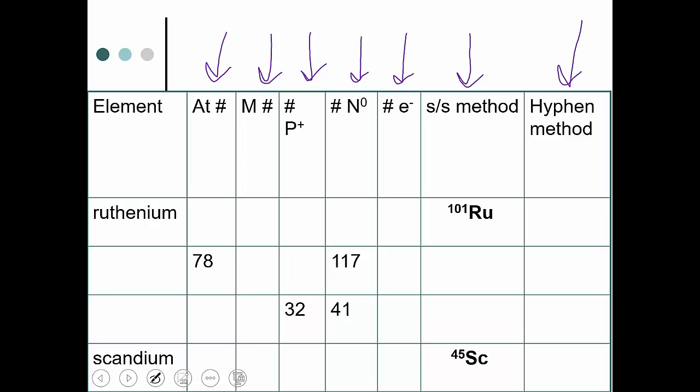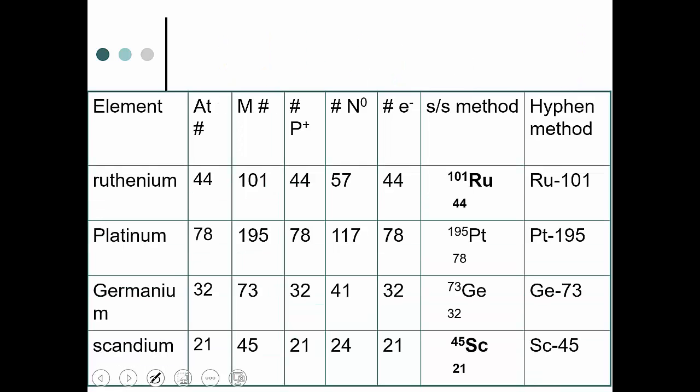So go ahead and pause the video and fill in what you can, and then I'll move on and I'll show you the answers. All right, so here we have the completed table. Again, you should pause the video here and check your work and see if you made any mistakes and try and correct them.